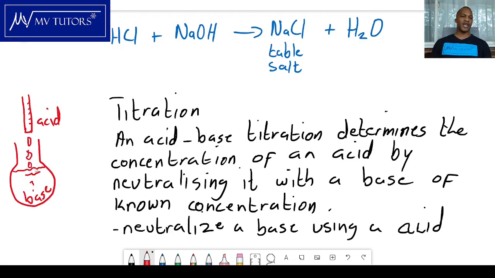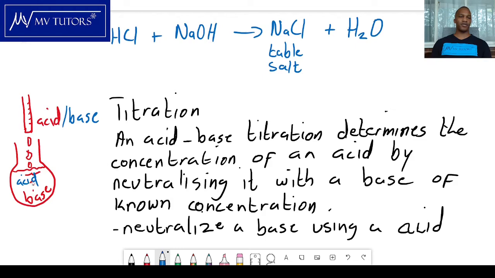So you'll take this until it's neutralized, okay, and add acid, and vice versa as well. You take a base, you neutralize the acid.